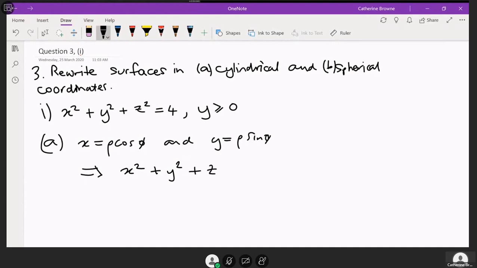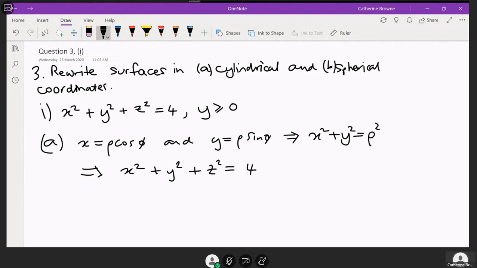What I wanted to say before that was, sorry, if x is rho cosine phi and y is rho sine phi, then that implies that x squared plus y squared is equal to rho squared.